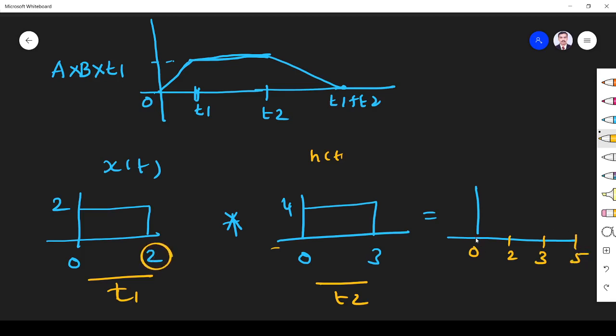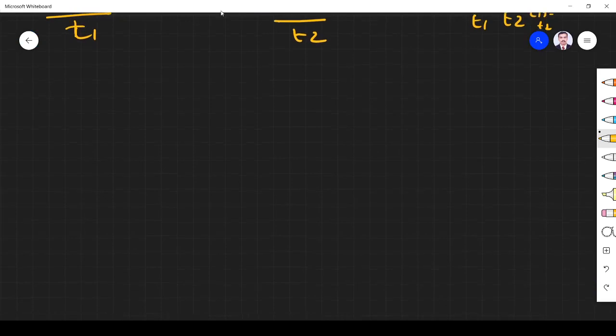So I told you, you have to draw a trapezoid like this. This is 0, this is t1, t2, t1 plus t2. What is the amplitude? The amplitude is the amplitude of x multiplied by the amplitude of h and t1. t1 is 2, so 2 into 4 into 2 is 16. This is the convolution answer, right?